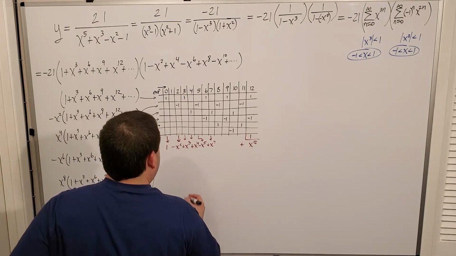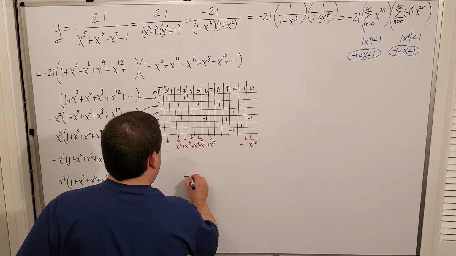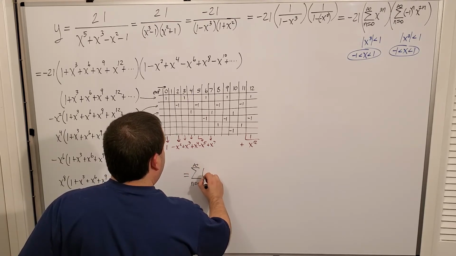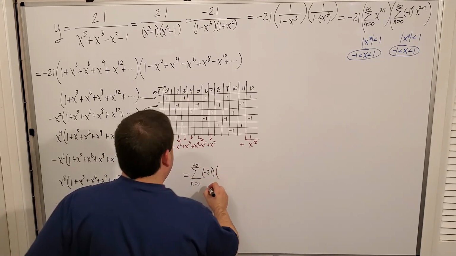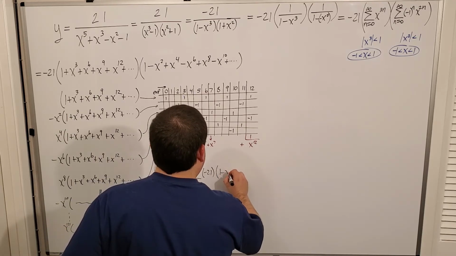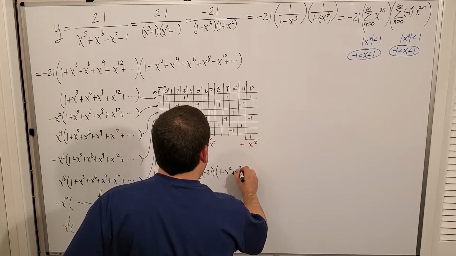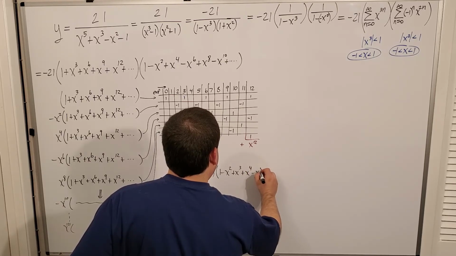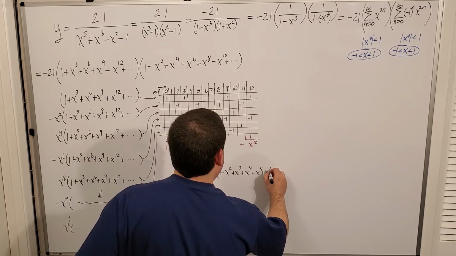My sum, I've got n equals 0 to infinity here, negative 21 times 1 minus x squared plus x to the third plus x to the fourth minus x to the fifth plus x to the seventh.